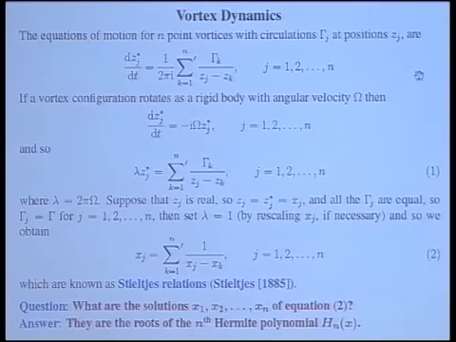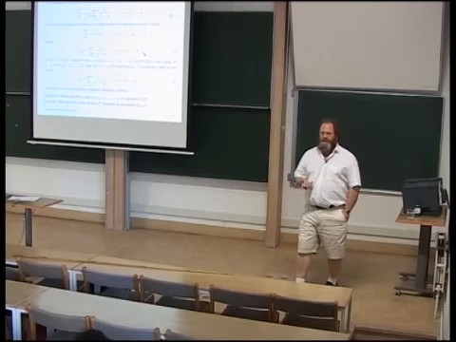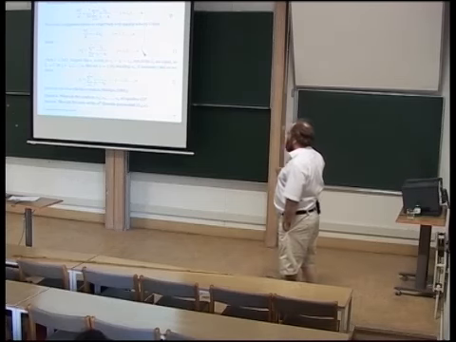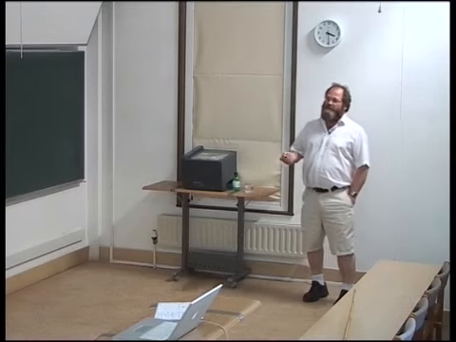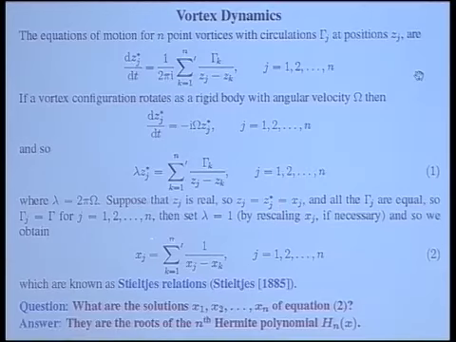Now, if all the z_j's are real, then it's actually quite easy to solve the problem. And if all the gamma_j's are equal, then effectively by rescaling x_j if necessary, you have to solve this discrete system of equations, note the Stieltjes relations, and it's well known that the only solutions to these are the roots of the nth Hermite polynomial.